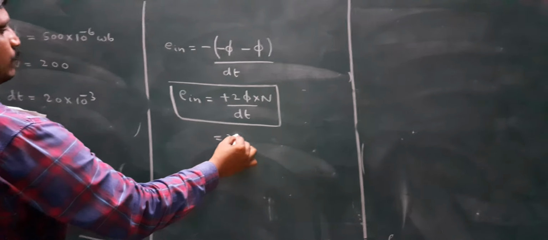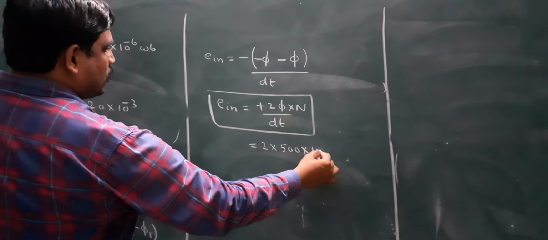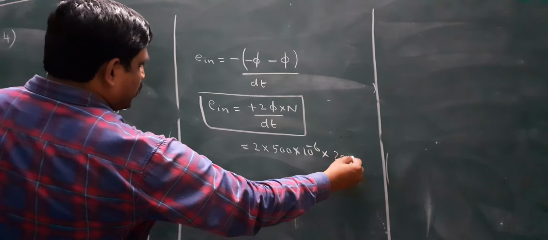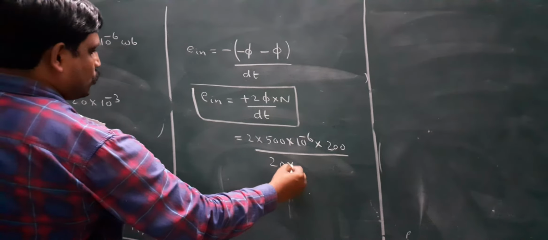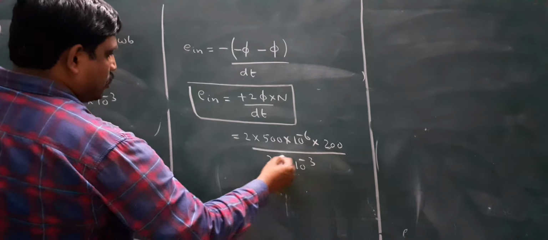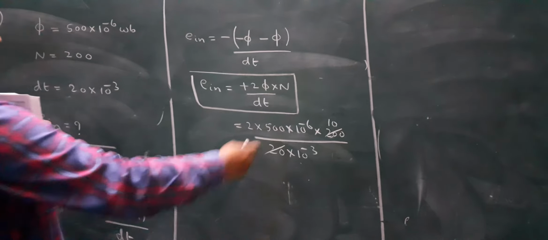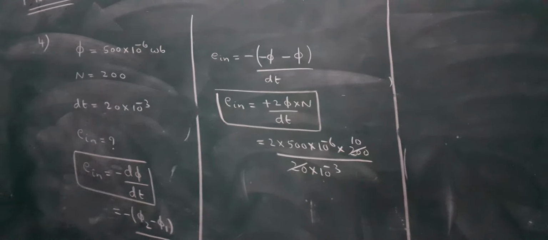For example, φ value is 500 × 10^-6, number of turns is 200, time is given 20 × 10^-3. 20 how many times? 10 times. It will be calculated, and finally we get the answer.